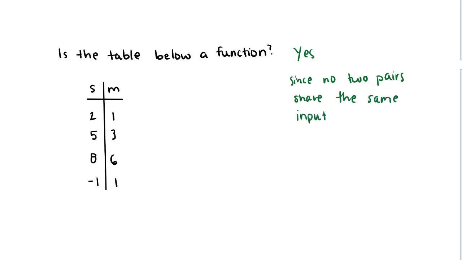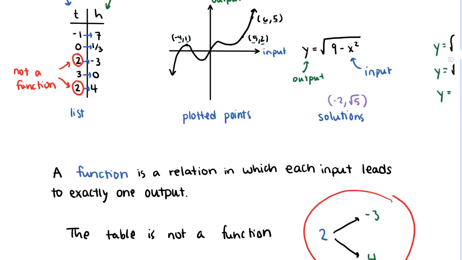Right, this input of 2 leads to the output of 1. This input of 5 leads to the output of 3. 8 goes to 6, and -1 goes to 1, and there's no ambiguity there. Right, not like 2 goes to 2 different numbers.